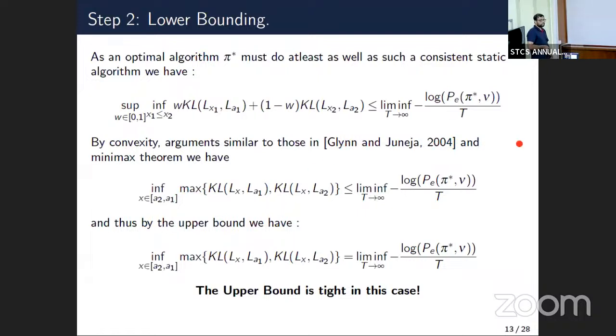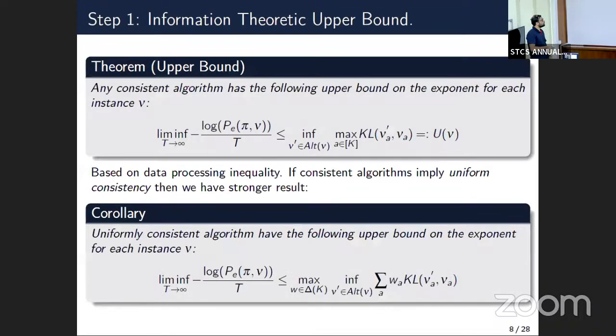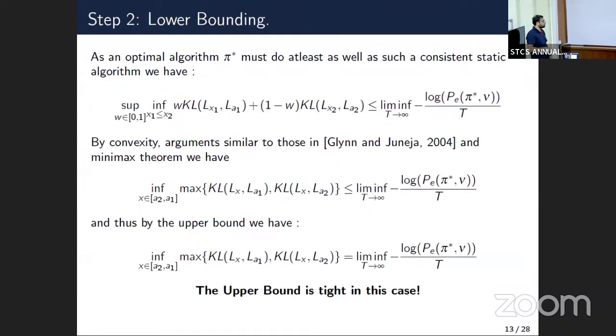Then you can invoke the minimax theorem and interchange the infimization and the maximization, and the quantity that you have here is exactly the upper bound which you had seen here. So this shows that the upper bound that Garivier and Kaufmann derived is tight for this class of bandits.